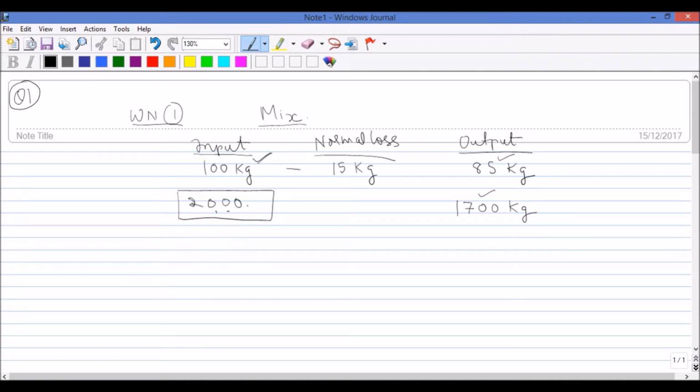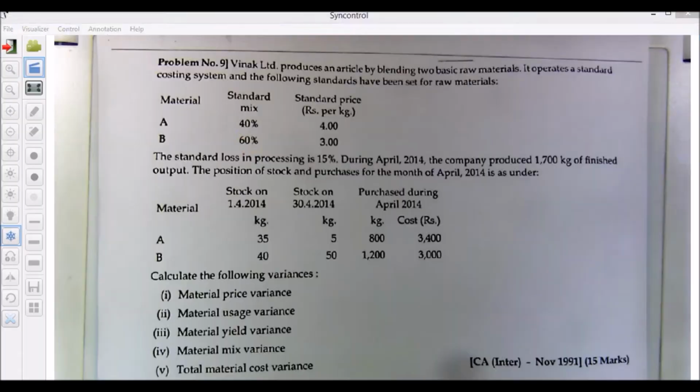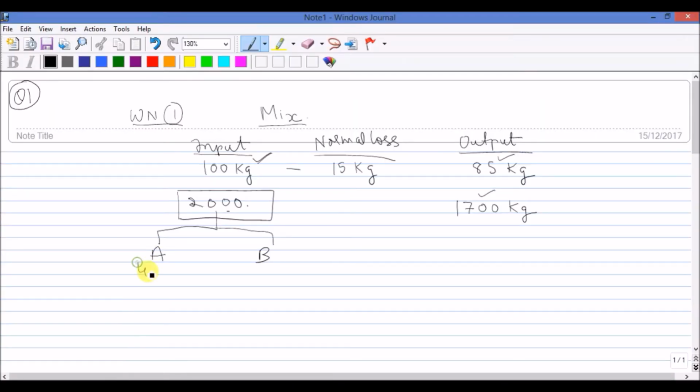Now this 2000 standard input is divided into two materials, A and B. A has a 40% share and B has a 60% share.